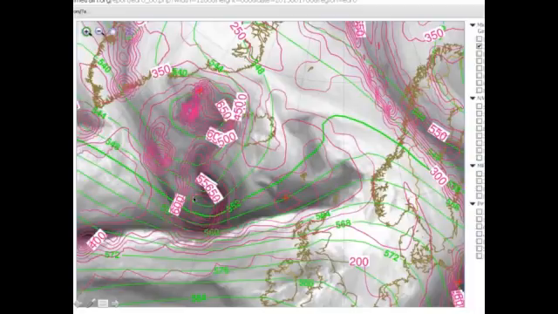If you look at the values here, this shows you to which pressure level the 1.5 PVU has come down. Here it came down almost to 700 hectopascal, and here even lower. So actually quite a deep intrusion of air from above, from the very high troposphere and even the lower stratosphere.